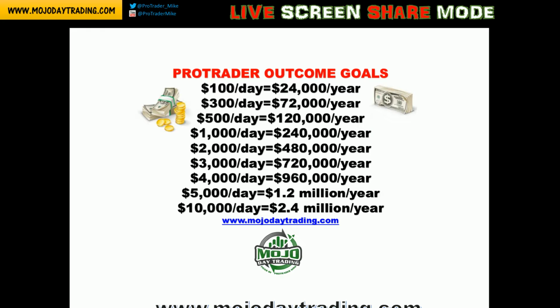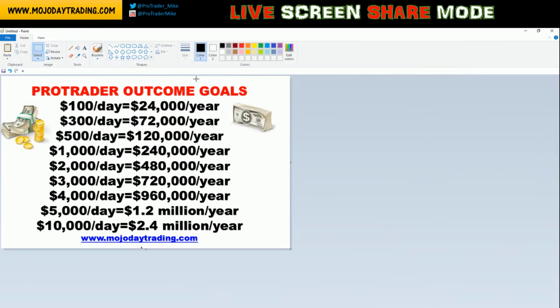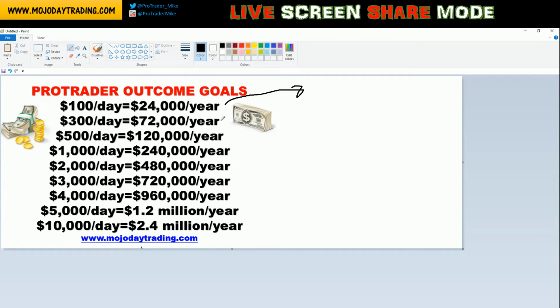But you can grow. Let me show you. So you start off right here at $100 to $200 a day to $300 a day. You're a small trader. You have less than 25K and you trade with a prop firm.